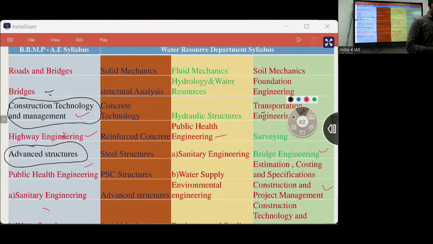You have two parts now, one with bolts and another with welding. For welding, 1 point? You're not sure. IS 800, right? The code. These things you will be studying.